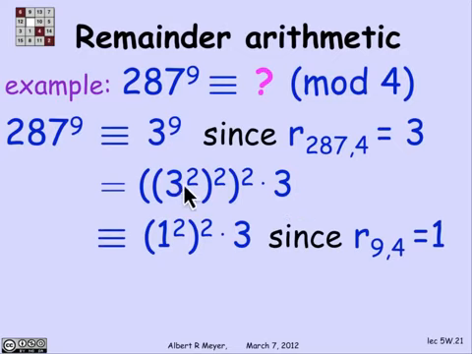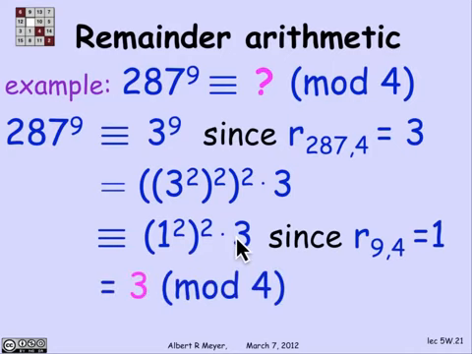So I can replace 3 squared by 1, and it becomes 1 squared squared, times 3, but that's 1 times 3. And the punchline is that 287 to the 9th is congruent to 3 mod 4 by a really easy calculation that did not involve taking anything to the 9th power.